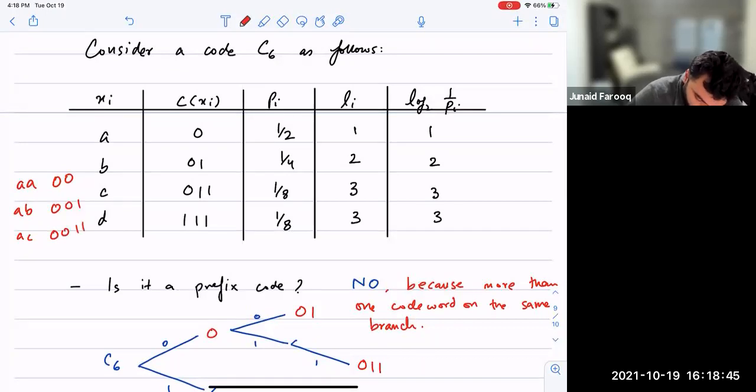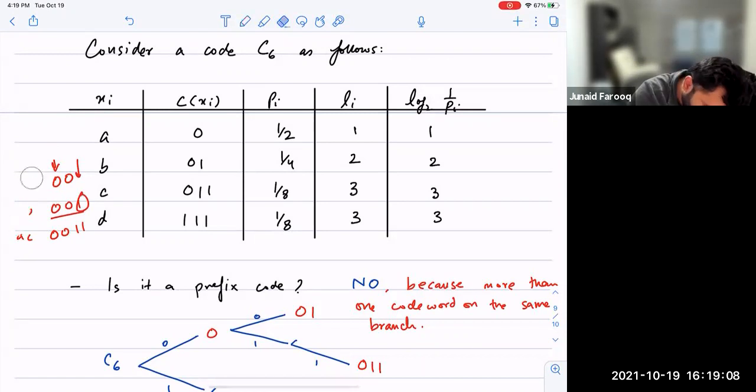So from 1 bit, you cannot figure out, and even from 2 bits, you cannot. You have to look at the third one to figure out what really is that symbol. And even though you have 0, 0, 1, you don't know whether this 1 is part of the symbol D or not.